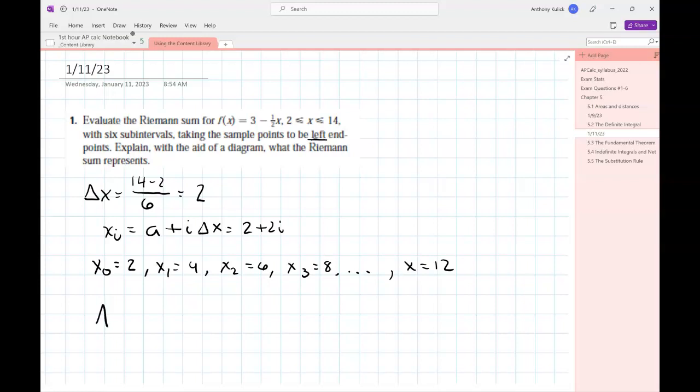So my area is going to be delta x times, well, let's write the sum, sum from 1 to 6 of delta x times f of xi, and f of xi is going to just be done by this.